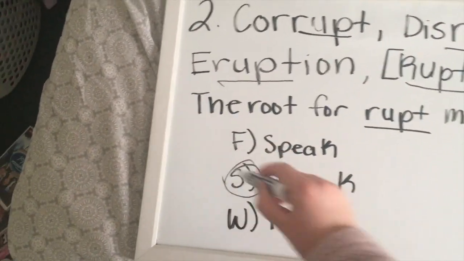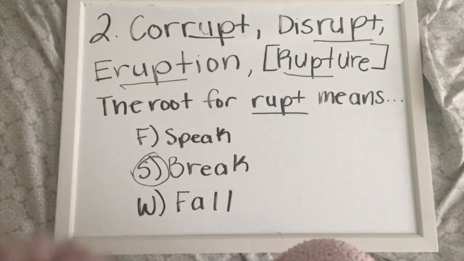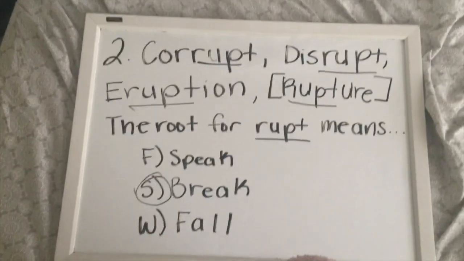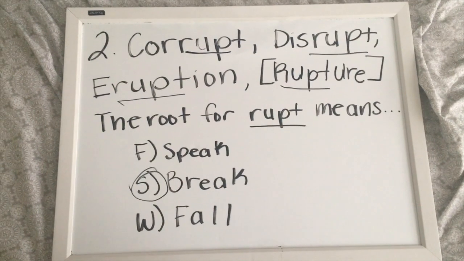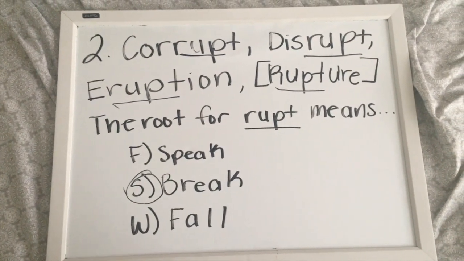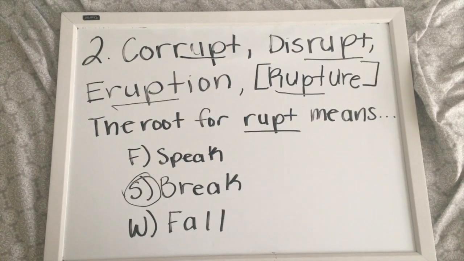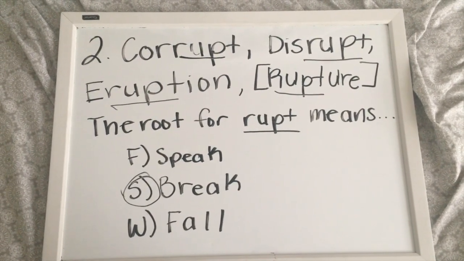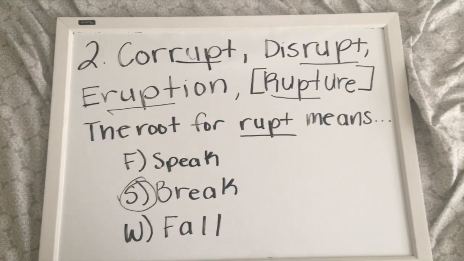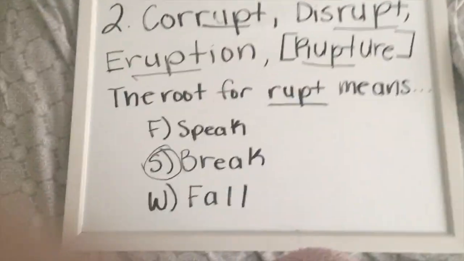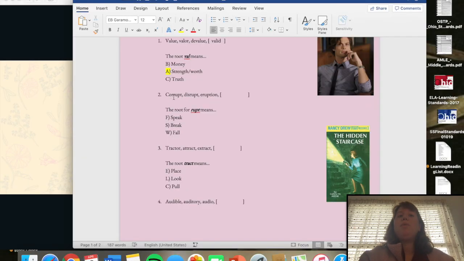Ooh, there you go. So while looking at the word, you just kind of have to use examples of these words and understand what they mean in order to kind of look at what the root itself might mean in all of these different contexts together. Awesome job, guys. So as when we looked at the word rupt, the example word that we created was rupture.